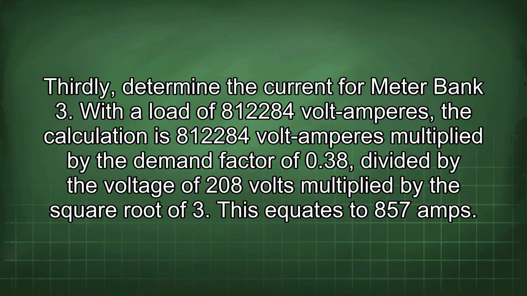Thirdly, determine the current for meter bank 3. With a load of 812,284 volt amperes, the calculation is 812,284 volt amperes multiplied by the demand factor of 0.38 divided by the voltage of 208 volts multiplied by the square root of 3. This equates to 857 amps.